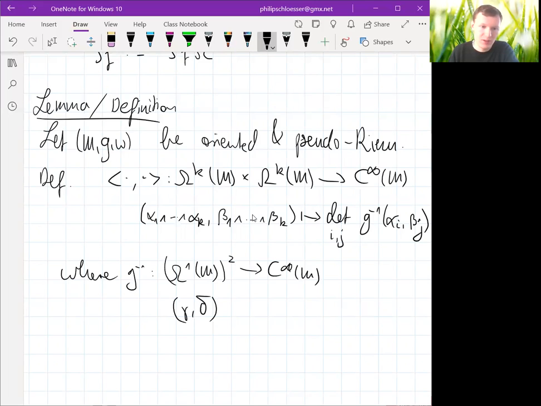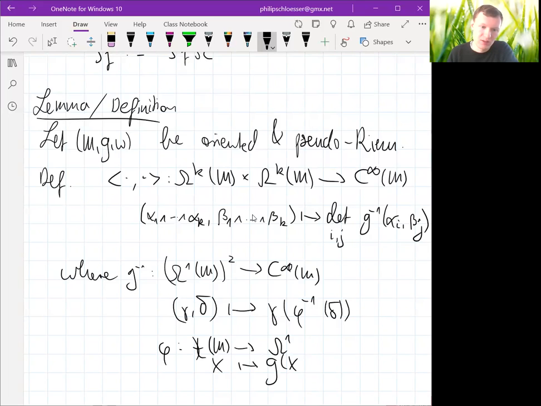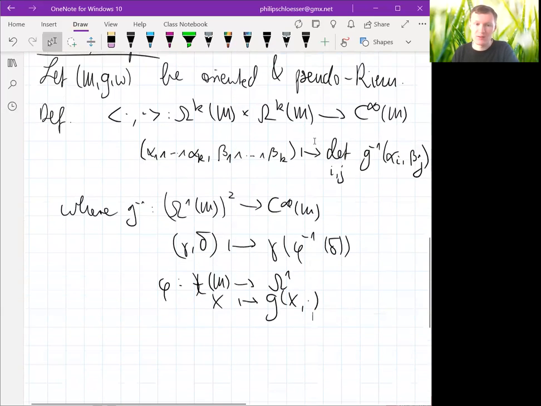A tuple of one forms is mapped to one of the one forms applied to, well, what if we turn one of the one forms again into a vector field, where phi from vector fields to one forms is just the map that sends a vector field x to g of x and leaving the second thing free. So I guess this would be index lowering, and then phi inverse is index raising.